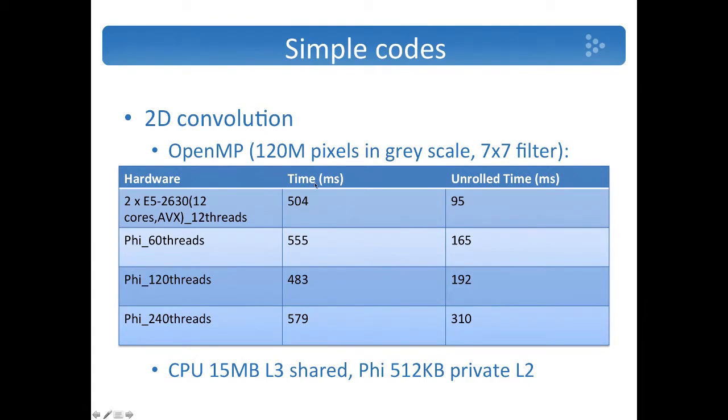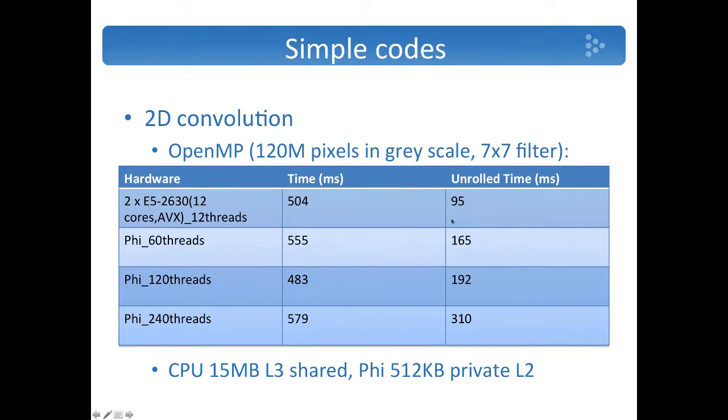The time column shows the program without unrolling the for loop. If we don't unroll the for loop, we can see the CPU runs in half a second and the Phi runs in nearly half a second.